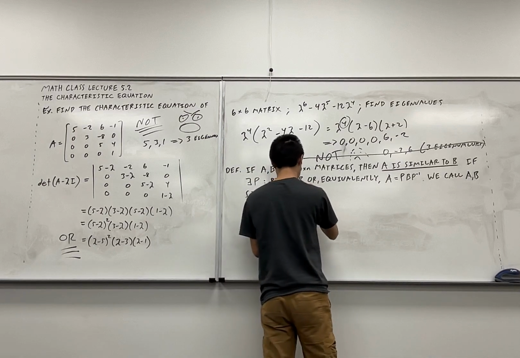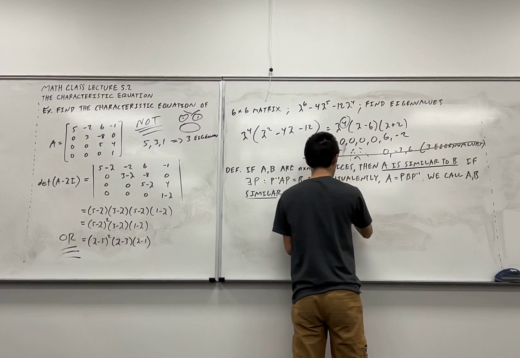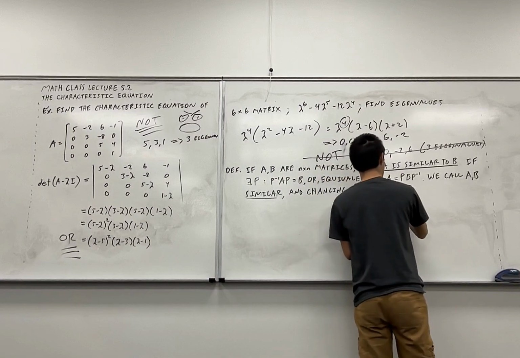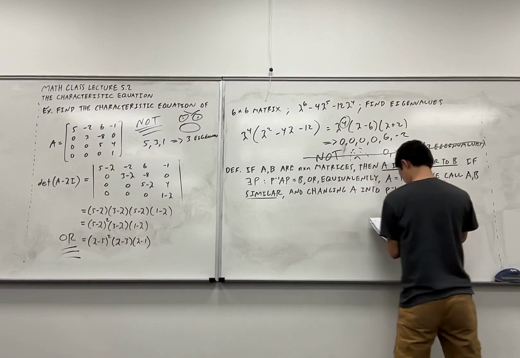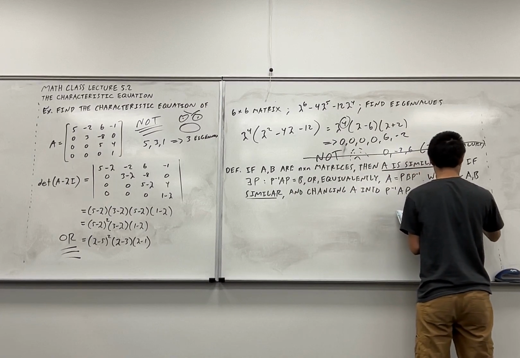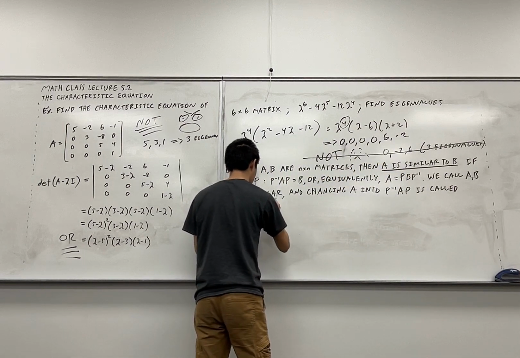And changing A into P inverse A P is called a similarity transformation.